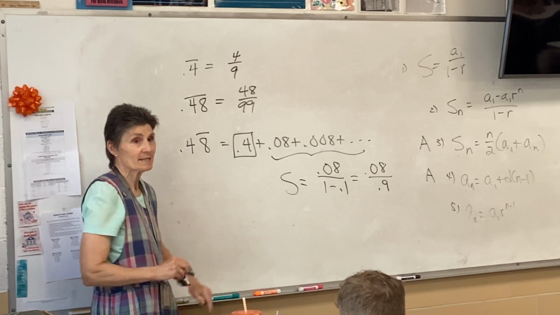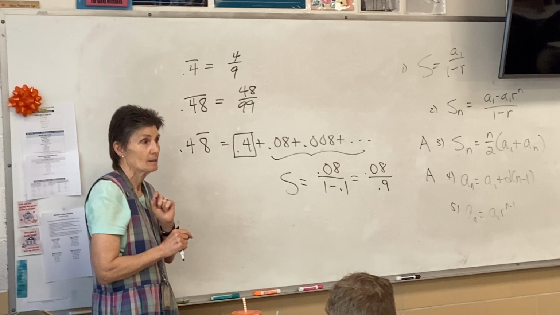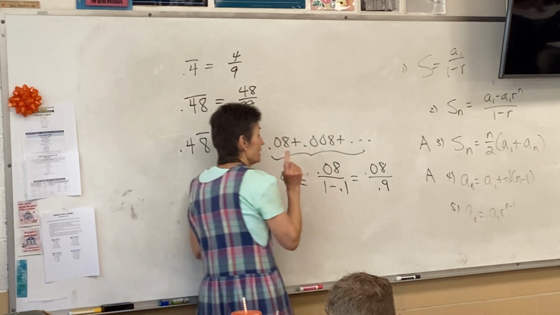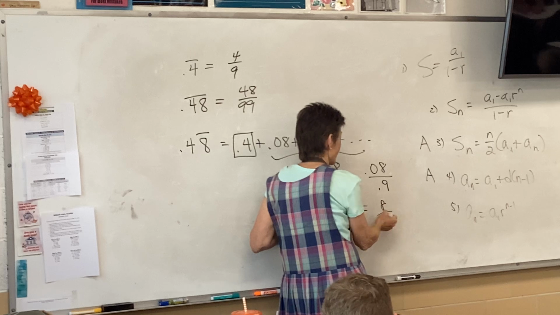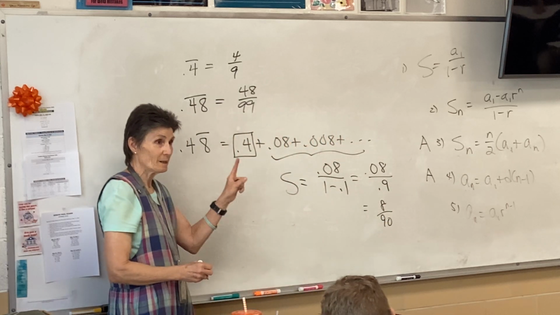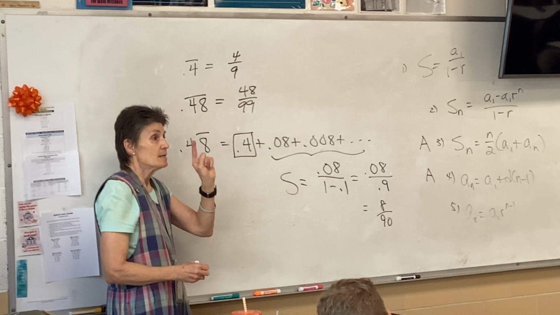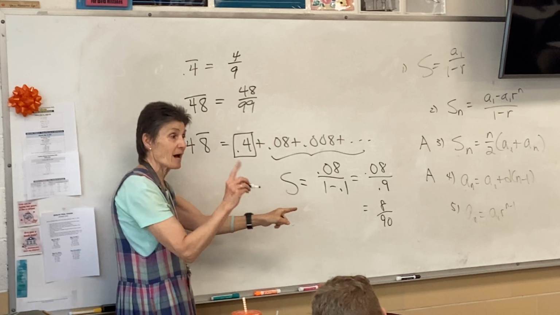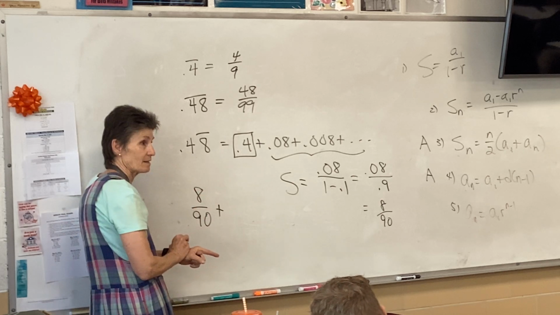Now, who's been paying attention? What have I been doing every time once I got to this point? Get rid of the decimal. In this case, 2 places. So it's going to be 8 over 90. 2 places, top and bottom. Got to go the same number of places on the top and the bottom. Now I know that reduces, but I'm not going to reduce it just yet because what do I have to do with it?